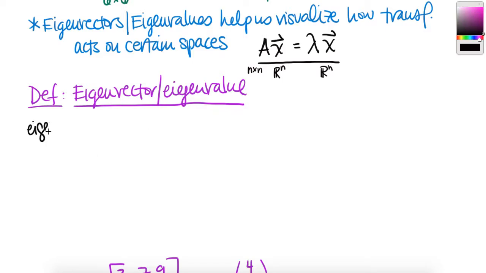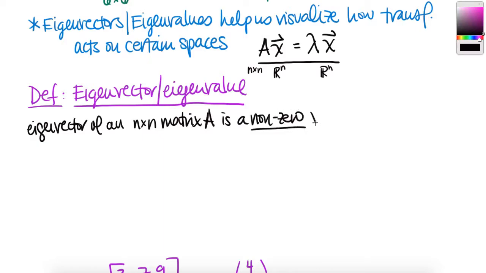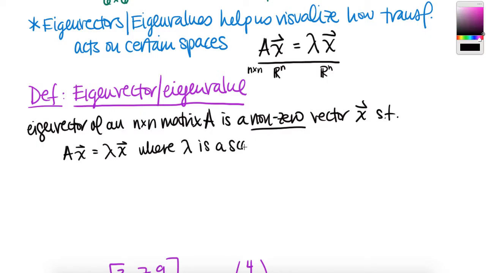An eigenvector of an n by n matrix A is a non-zero vector x such that we have the property that A times x is equal to lambda x, where lambda is a scalar in R. So x is our eigenvector, and lambda is what we call the eigenvalue.